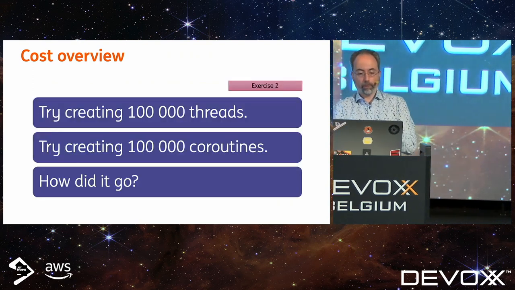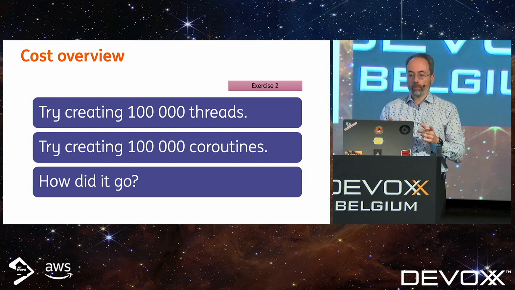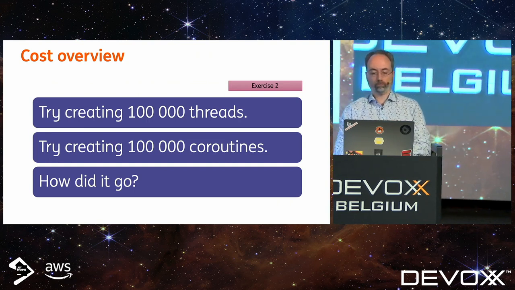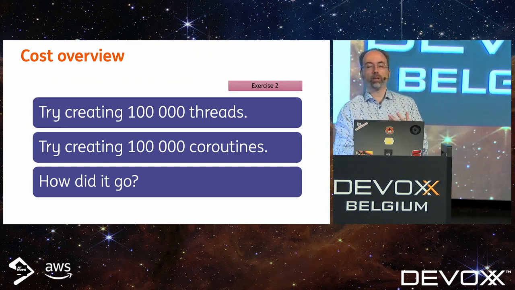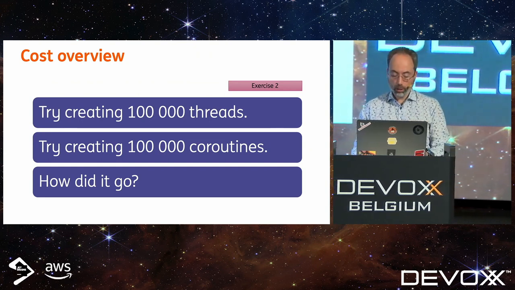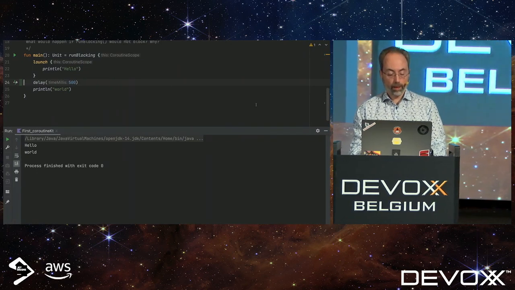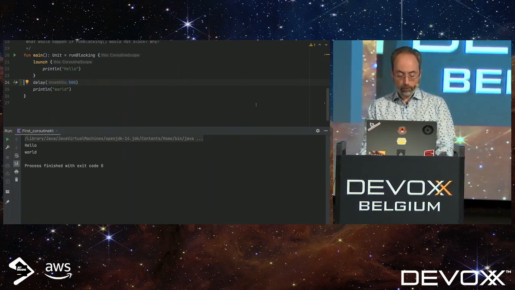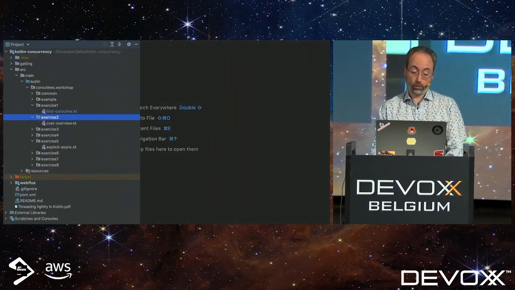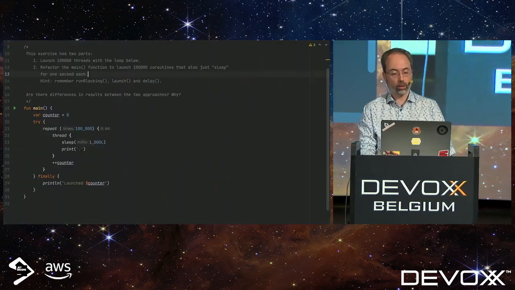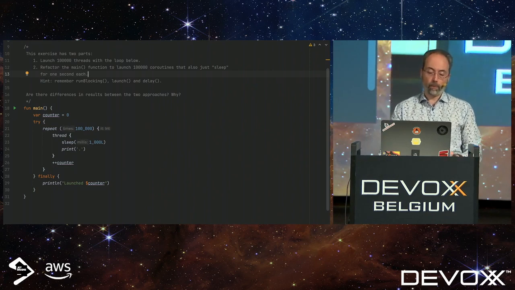Now, we have another sample. Here we are going to play a bit with different amounts of threads and coroutines, and we are going to see the result. The outcome may or may not be interesting.